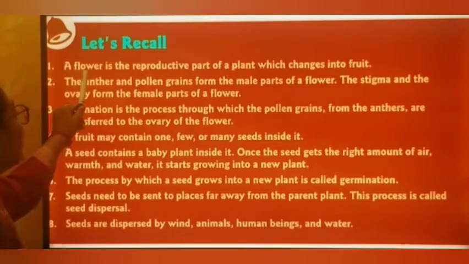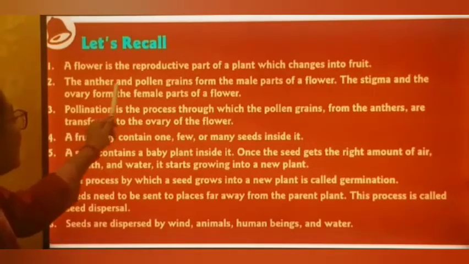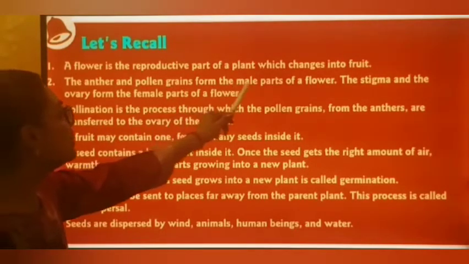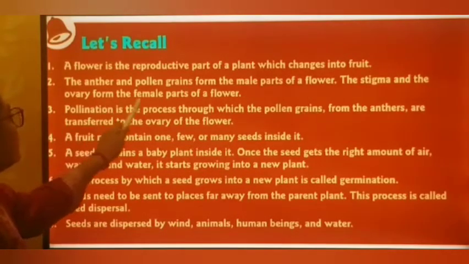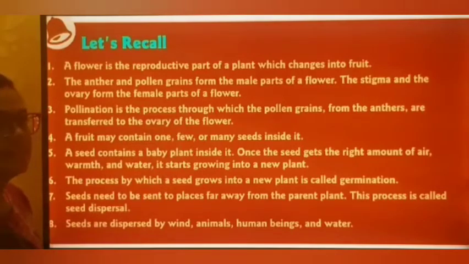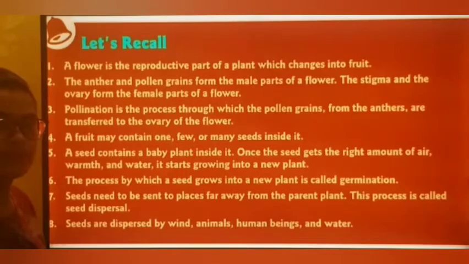The second point is the anther and pollen grains form the male part of the flower. The stigma and the ovary form the female part of the flower.